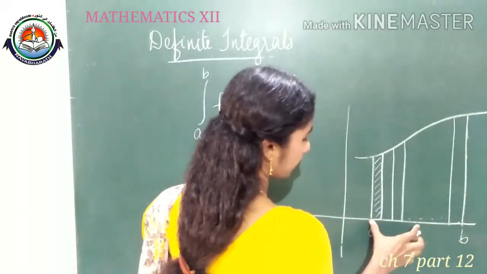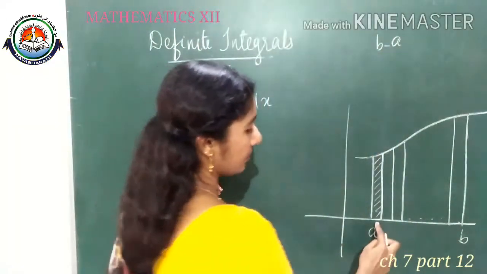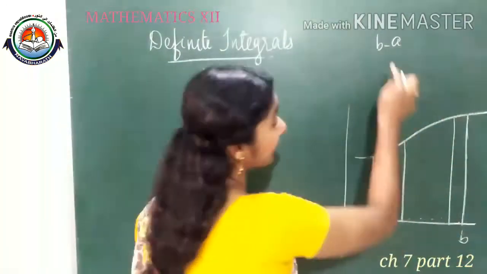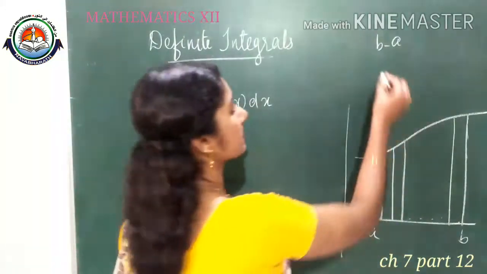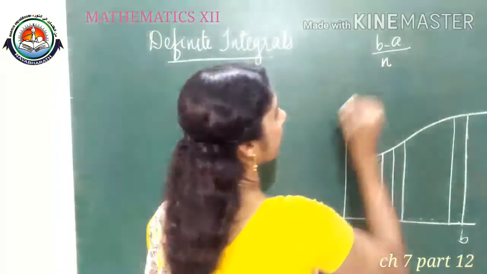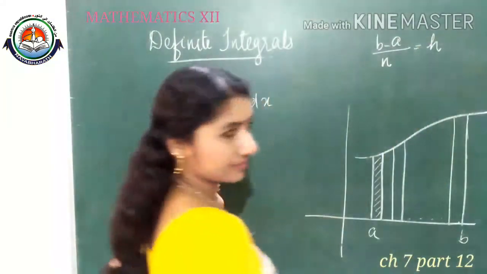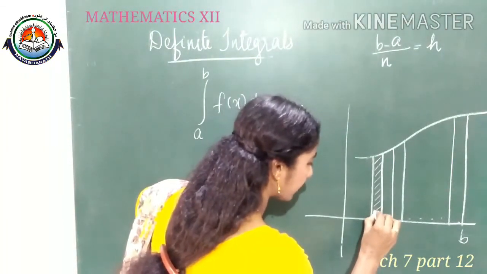Total length from this point to this point is b minus a. Dividing into n equal portions means b minus a divided by n. We can take this is equal to some h. That means this length I took it as h.